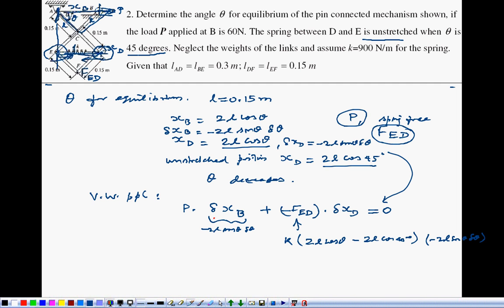Since delta XB and delta XT are the same, we need not find out these quantities at all, because they will cancel each other. All we will get is that P is equal to FED, and therefore P will happen to be 2KL times cos theta minus cos 45 degrees.